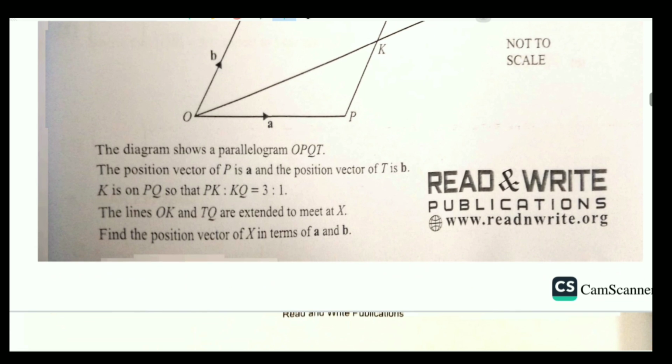The diagram shows a parallelogram OPQT. The position vector of P is A and the position vector of T is B. K is on PQ, so that PK ratio KQ is equal to 3 ratio 1.